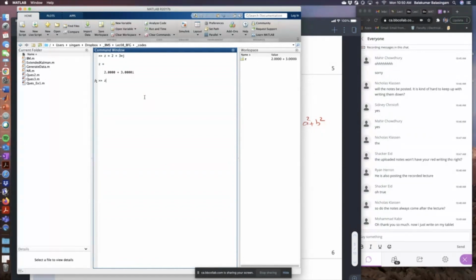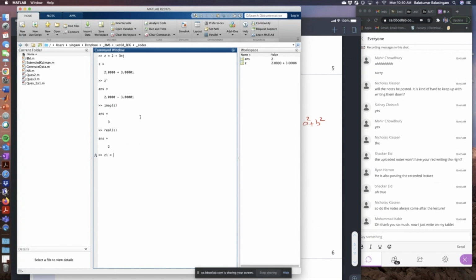To find the conjugate, we just type S with the transpose sign, which gives 2 minus 3i. To find the imaginary part of S, you type imag of S, and it returns the imaginary part. The real part of S would be 2.